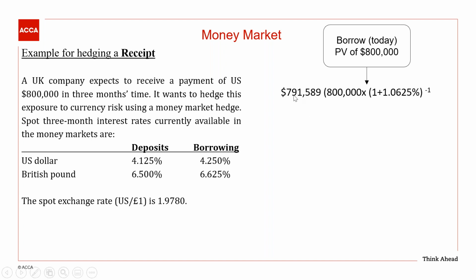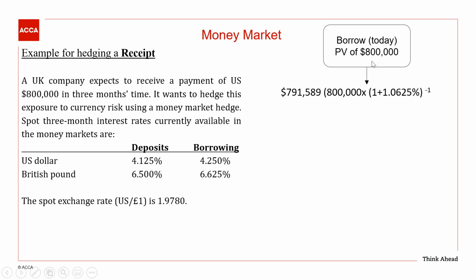So what the company is going to do is it will borrow this amount, 791,589, from a foreign bank. After 3 months, 3 months interest will be added to this amount, and this amount will grow up to $800,000. And that's what the plan is. So after 3 months, we have to pay this bank $800,000.